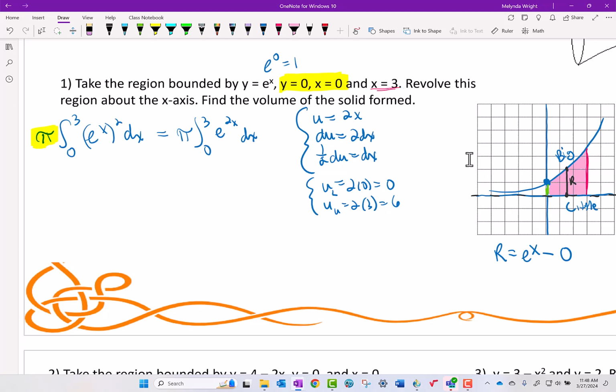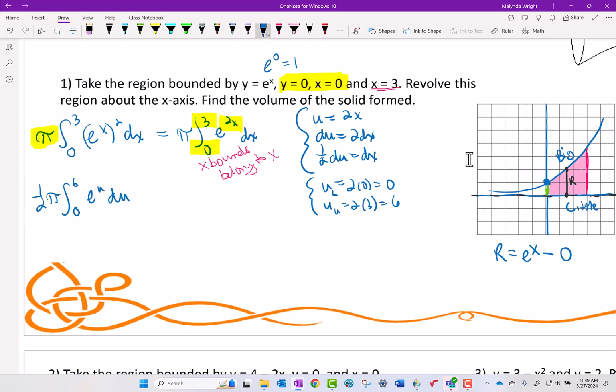So these here are x bounds, and they belong to the x. These are x bounds, and they belong to the x. That's what they are. The one I'm getting ready to write, we'll do that right now. The one I'm writing is 1/2 pi integral 0 to 6 of e to the u du.